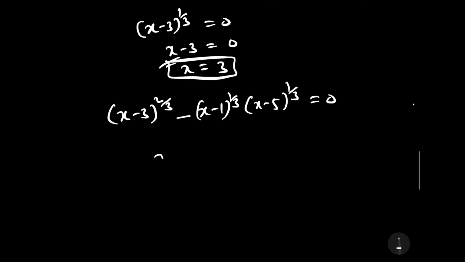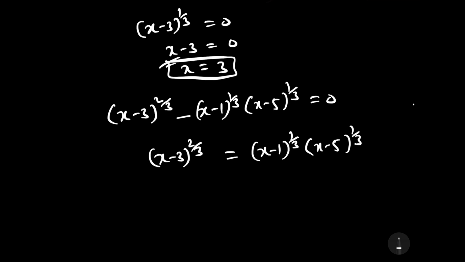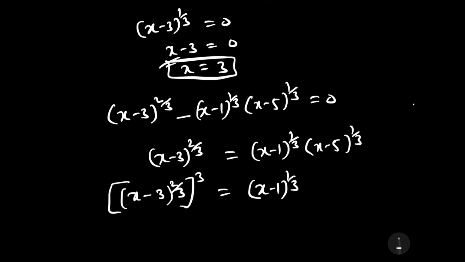Then (x minus 3)^(2/3) equals (x minus 1)^(1/3) into (x minus 5)^(1/3). Cubing both sides, we will have ((x minus 3)^(2/3)) whole cube is equal to ((x minus 1)^(1/3) into (x minus 5)^(1/3)) whole cube.